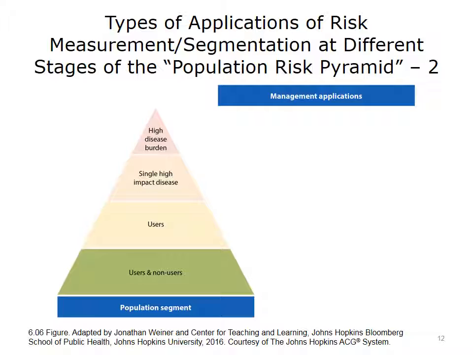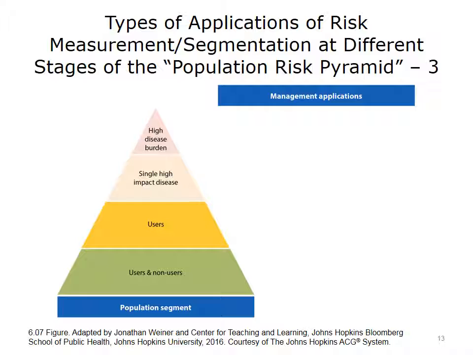So the bottom of the pyramid, in this case, is defined by whether the segment of the population are users of healthcare or non-users of healthcare. And each successive layer of the pyramid, by the way, includes everyone above it. The segment of users and non-users will include everybody.